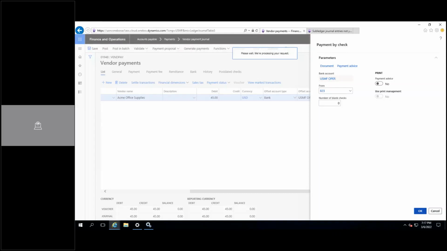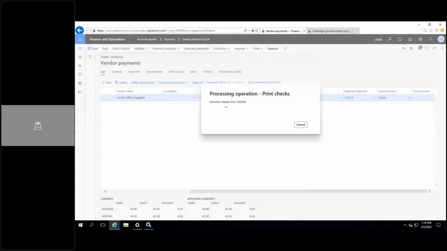That's what it is doing now. It will take 1 minute. Please wait. Okay, it is going on. Now the check number is empty here. Now it will be filled. It will be filled here.